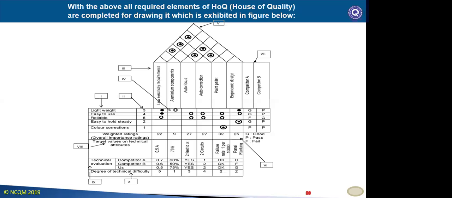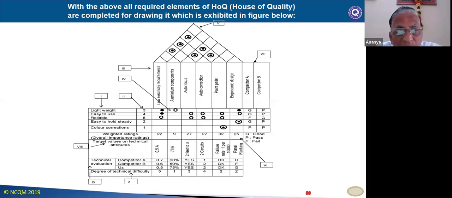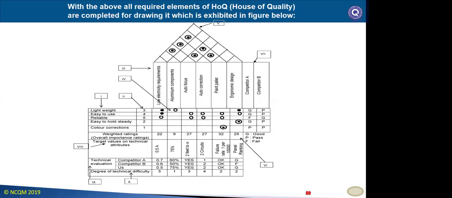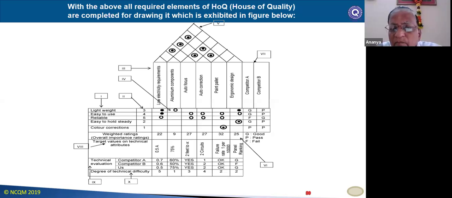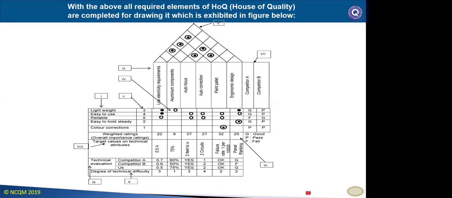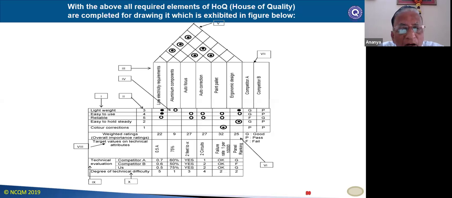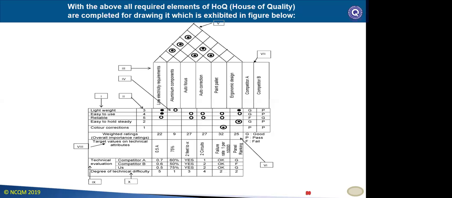Then reliable, they are failure. Then easy to hold, good. And color correction is just pass, acceptable. Then competitor B is pass, good, pass. Like that, we are comparing with respect to them.